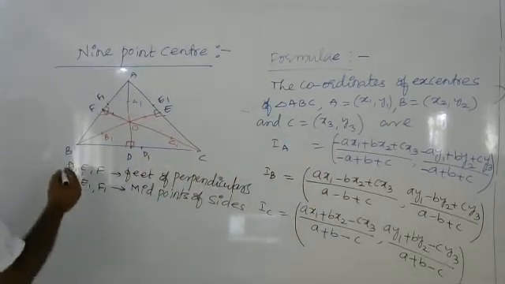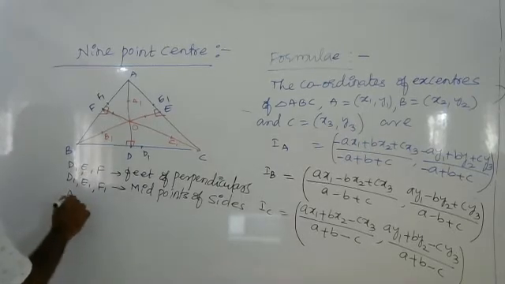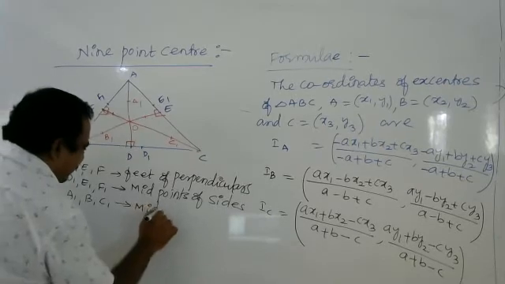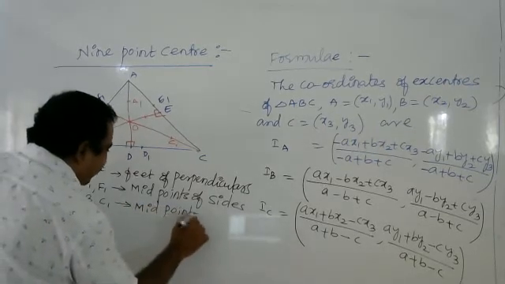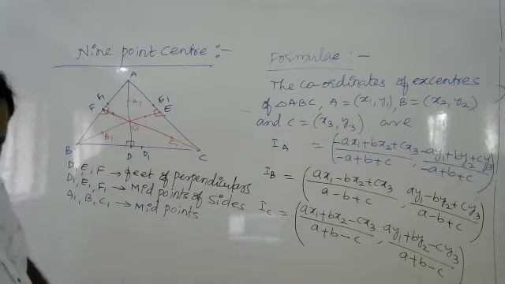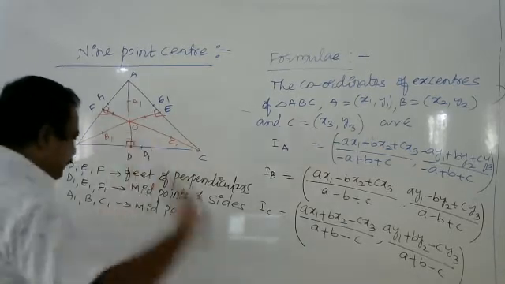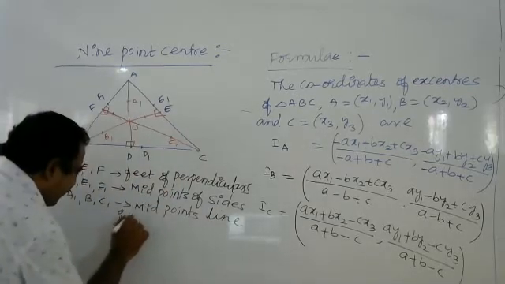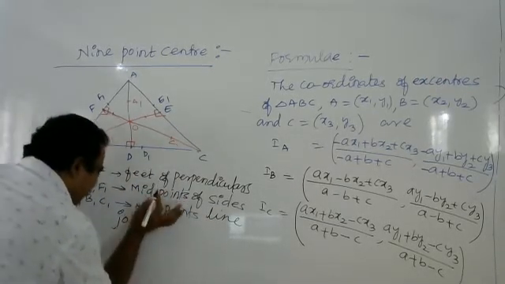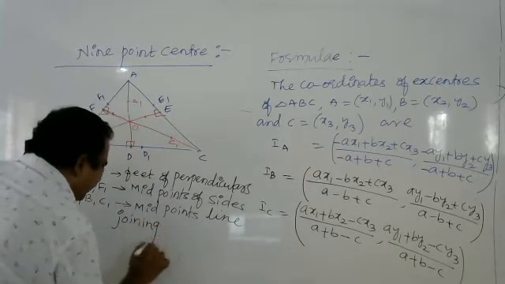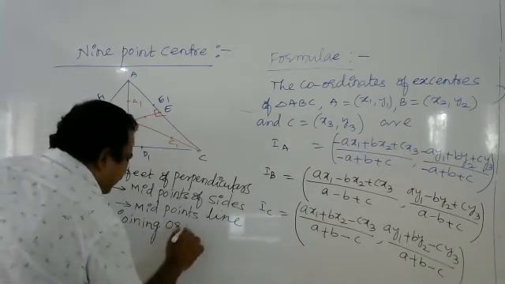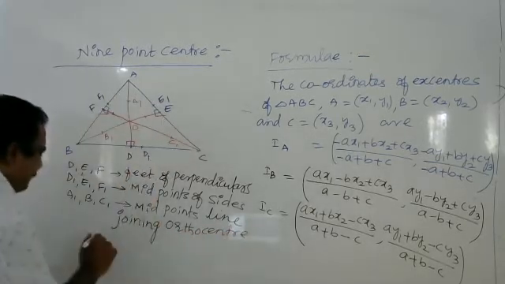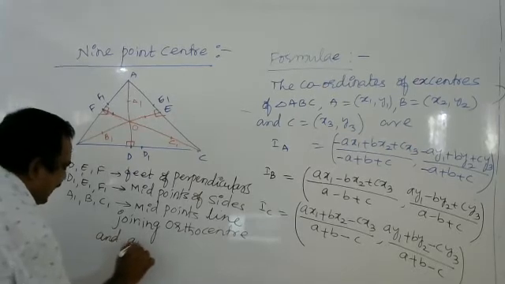Next, A1, B1, C1 are midpoints of the line joining the orthocenter and angular points.